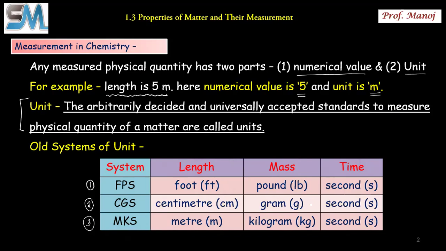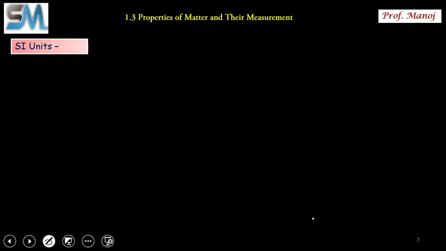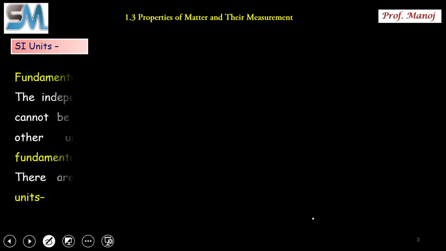Over the years, systems have changed for length and mass, but the unit of time has remained the same. After a few decades, people started feeling that we should not have different systems as per our wish. So they started with a proper system of units known as the SI unit system.